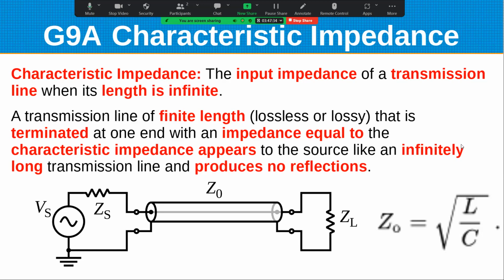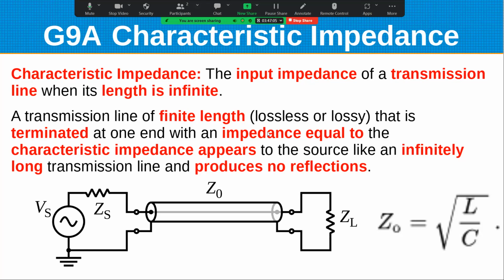The formula for the characteristic impedance, which you don't need to know, is just the square root of the inductance divided by the capacitance. And it's a distributed inductance and capacitance along the line. And if you do a little calculus and integrate them, that's what you wind up with if it's infinitely long.